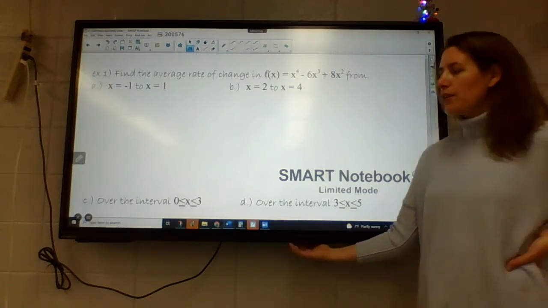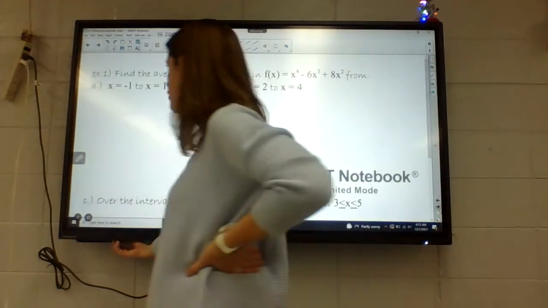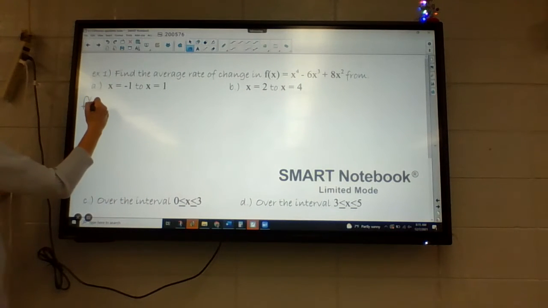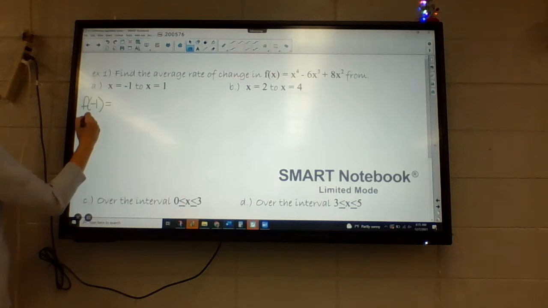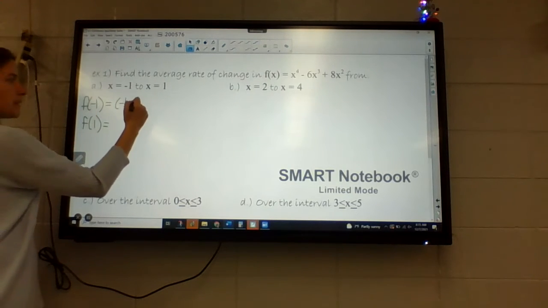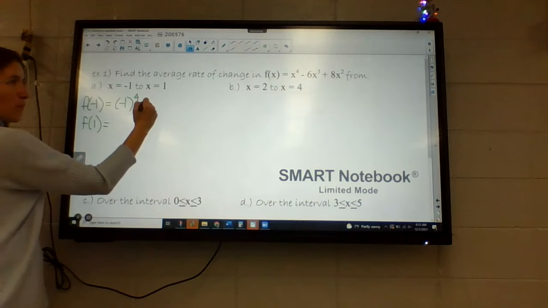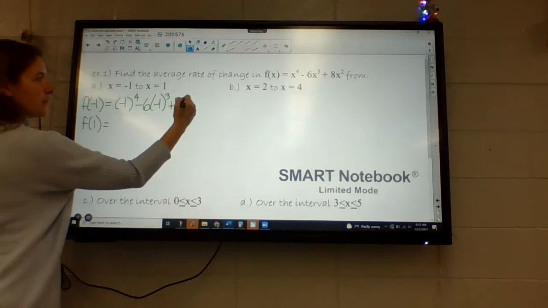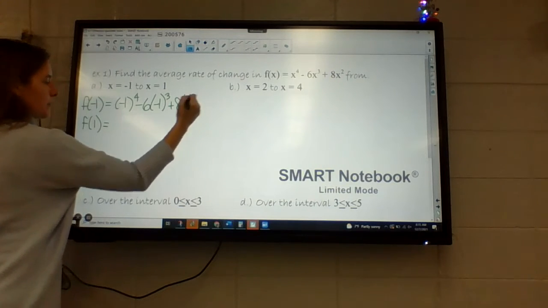So we have to figure out basically what the function equals for each of these values. So I'm going to have to evaluate that and figure out those values. So substituting this in, just be careful with the negatives and the exponents.